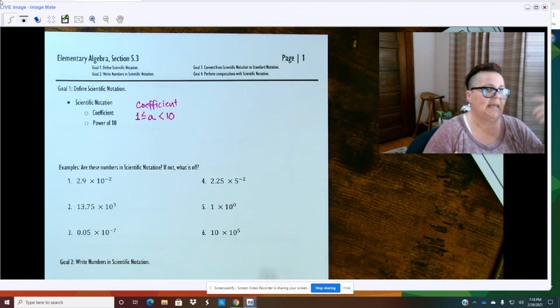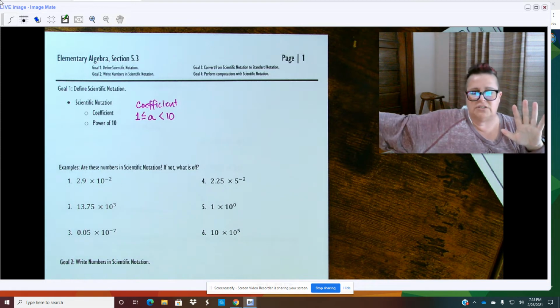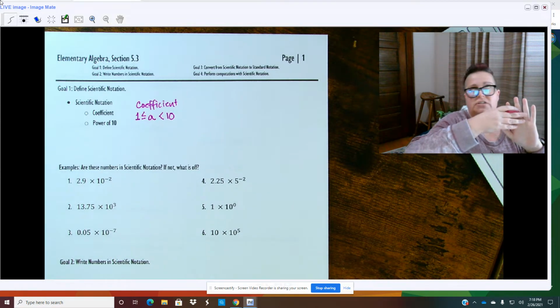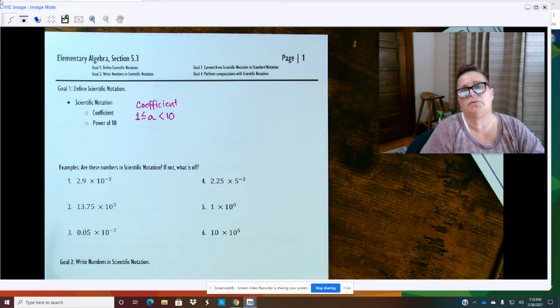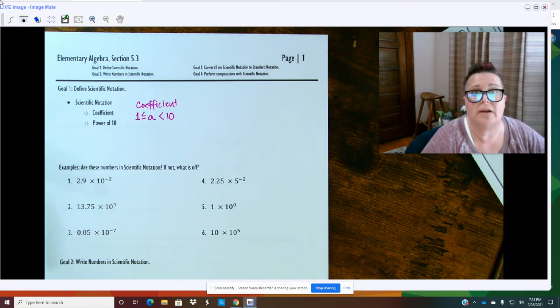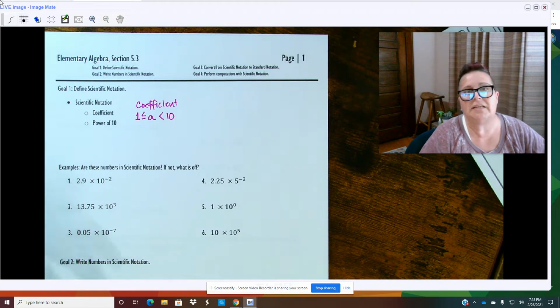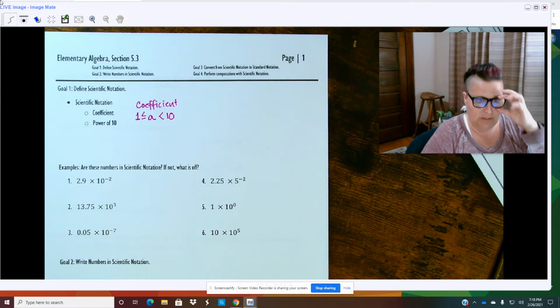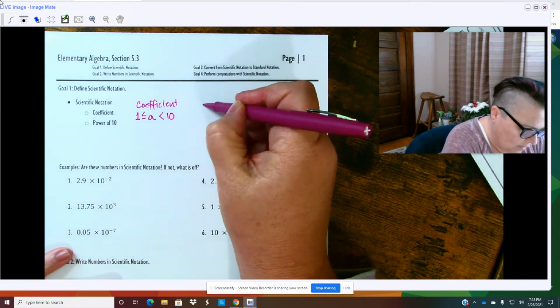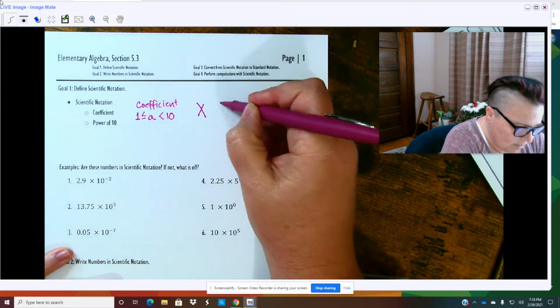Sometimes you hear people say that you need one digit to the left-hand side of the decimal point. You can have all kinds of digits to the right, all kinds of digits after the decimal point, but you can only have one digit prior to the decimal point. And that is generally scientific notation. It is then multiplied by some power of 10.